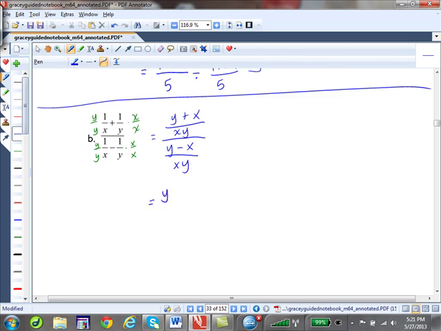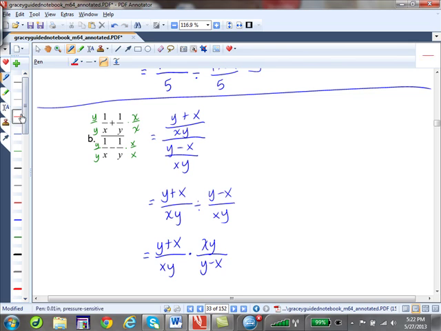So now we're ready to write this as a division problem. So we'll get y plus x over x times y times x times y over y minus x. I inverted and multiplied. The x's divide out to be 1, as do the y's.